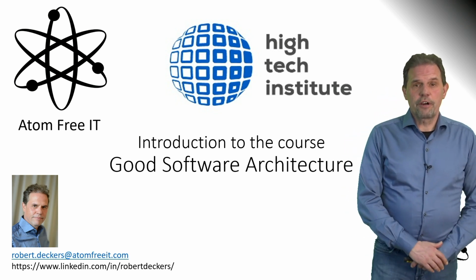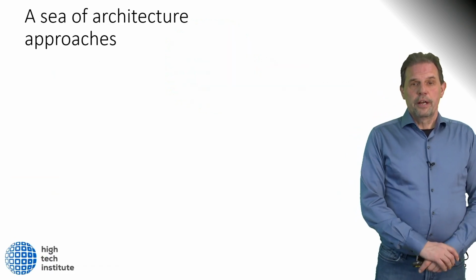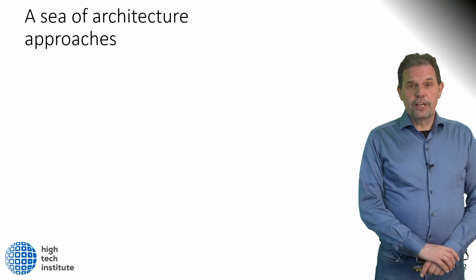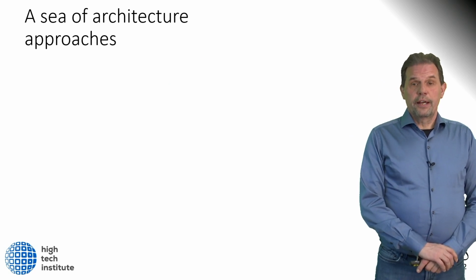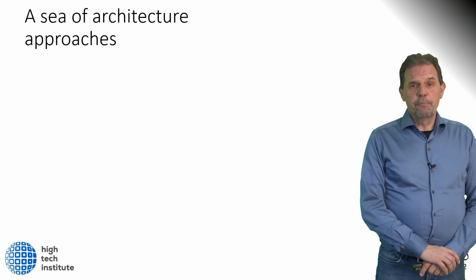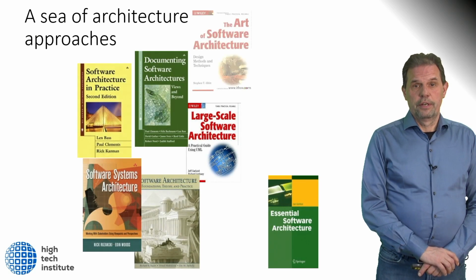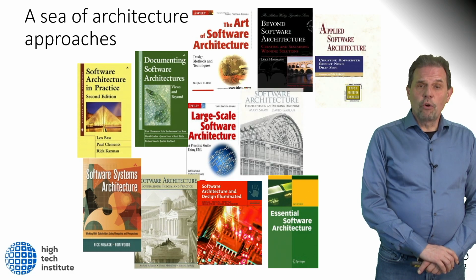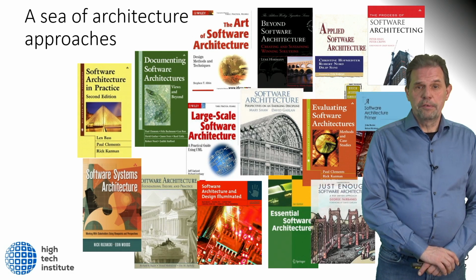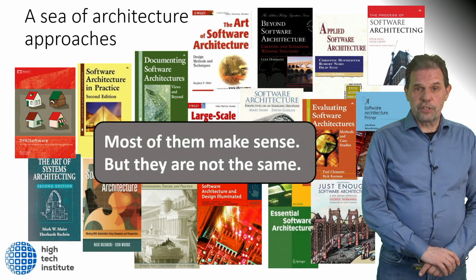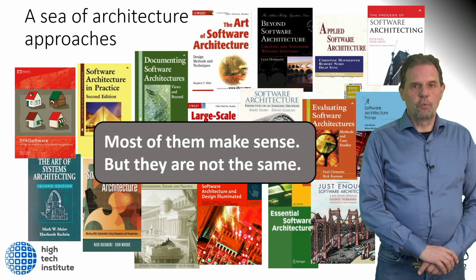When I first started to work on this course, and actually the approach that's behind the course, I studied many different books on software architecture, and there are many of them, really a lot. And what I noticed is all these books have a lot in common, but they're not the same. They all make sense, but they tell a different story. And I asked myself, why is this?